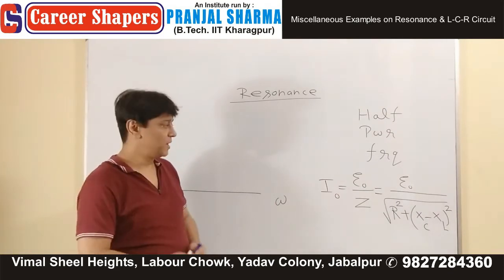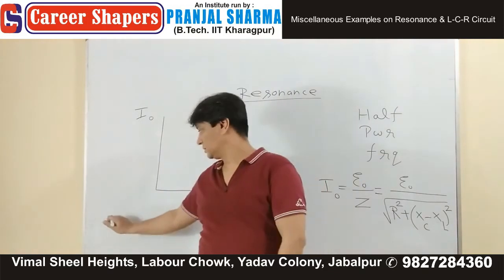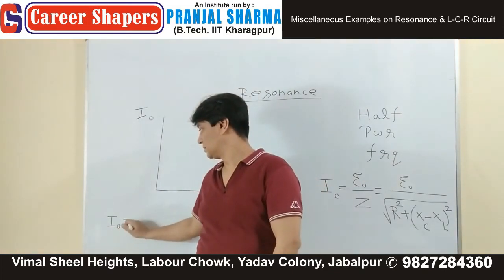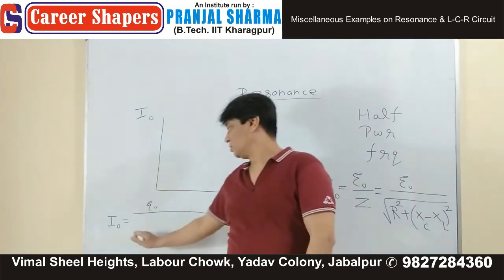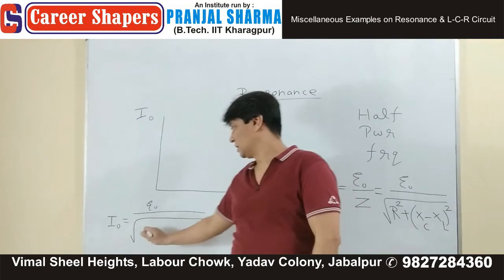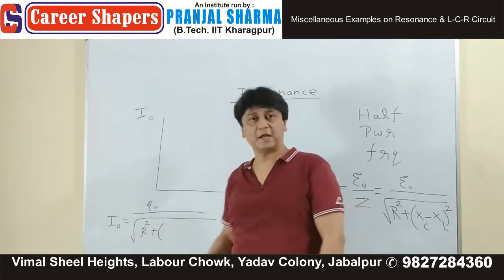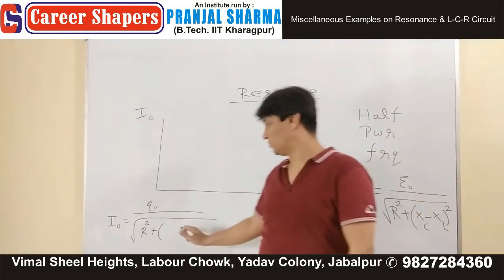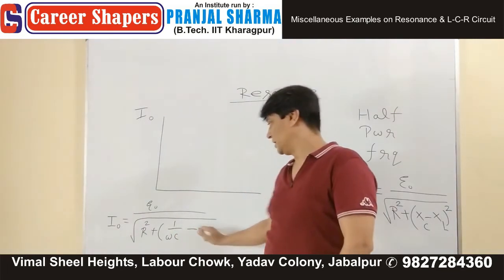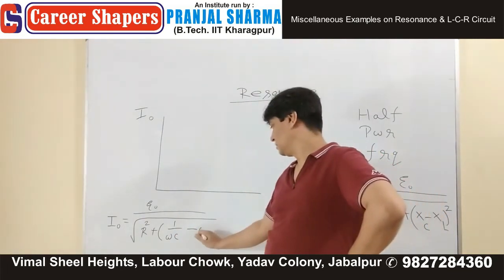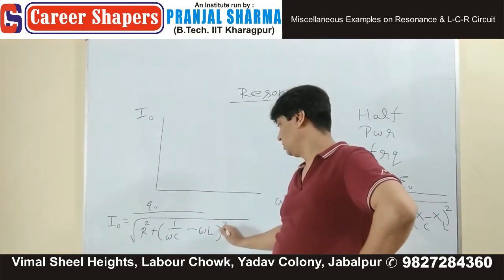If you are changing omega, then this I naught is E naught divided by root over R square plus XC, which in terms of omega is 1 upon omega C, minus XL, omega L, whole square.